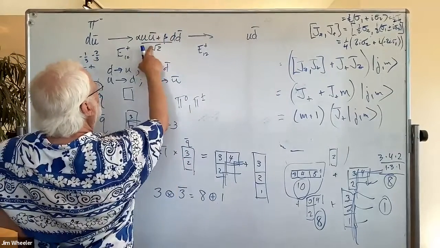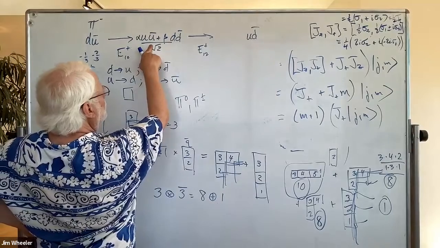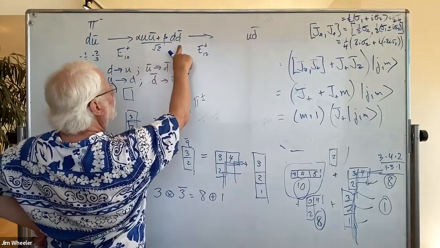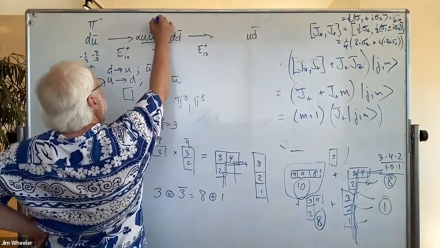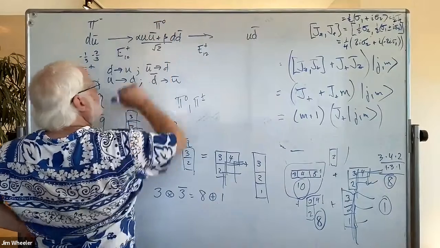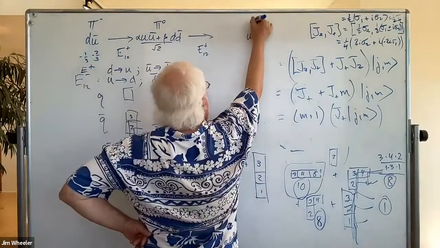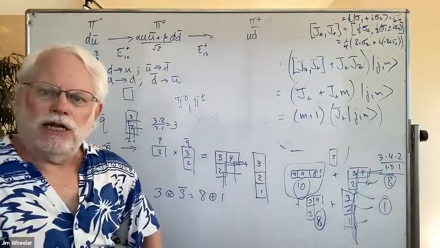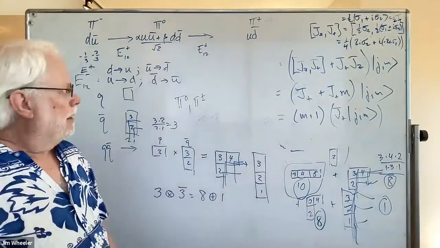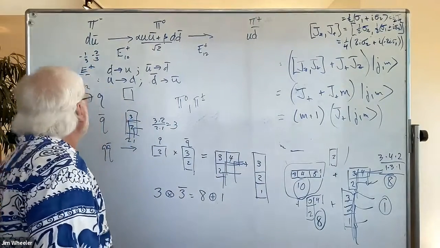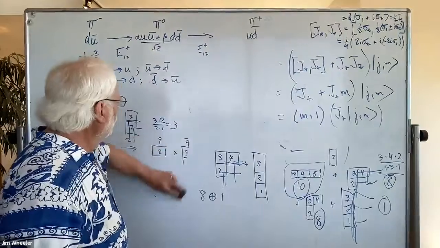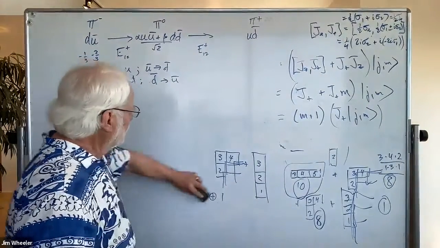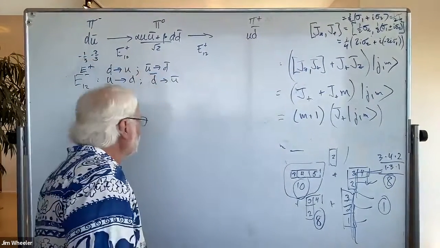These are neutral, right? Plus 2/3 minus 2/3, or minus 1/3 plus 1/3. So this is a neutral pi, and this is a pi plus. So we make those identifications with mesons that we know. And now we can take another step, because there's one more particle here.